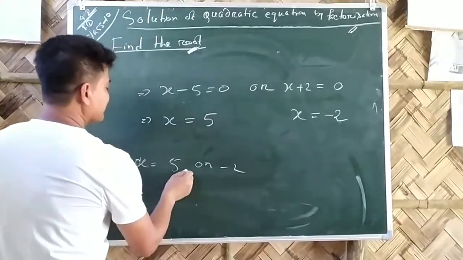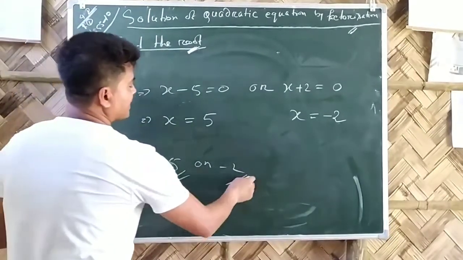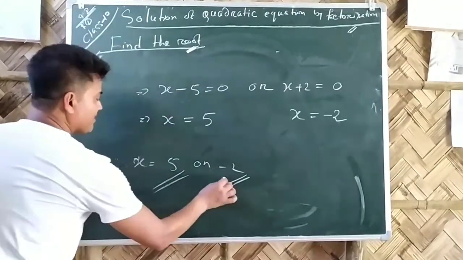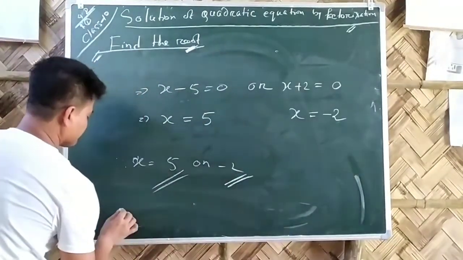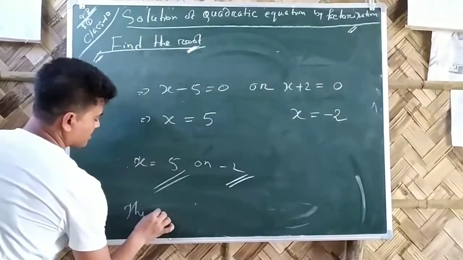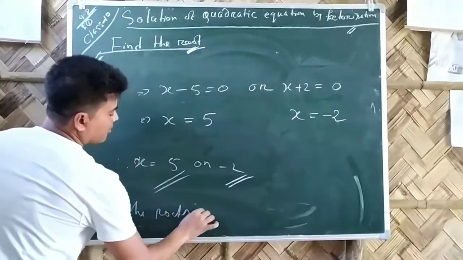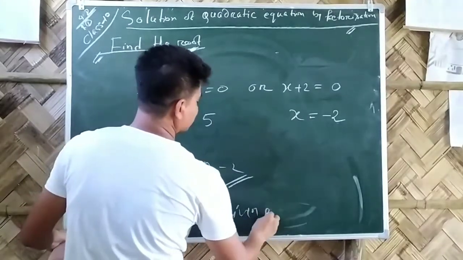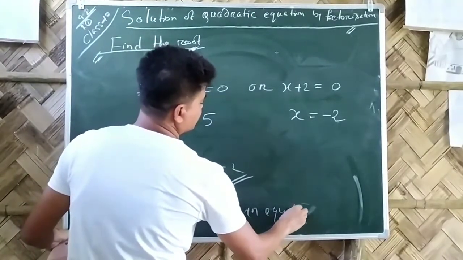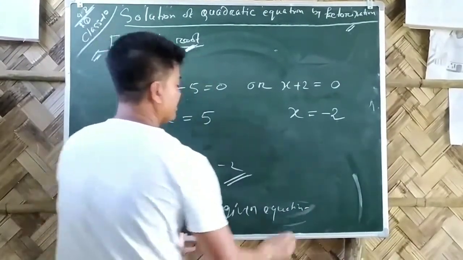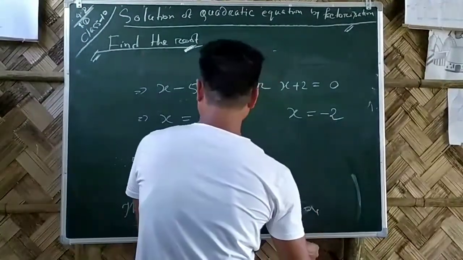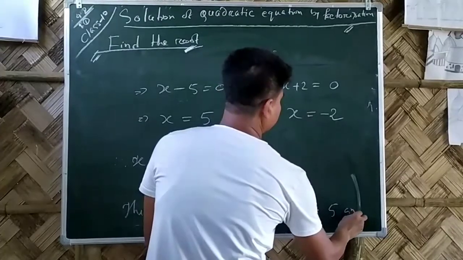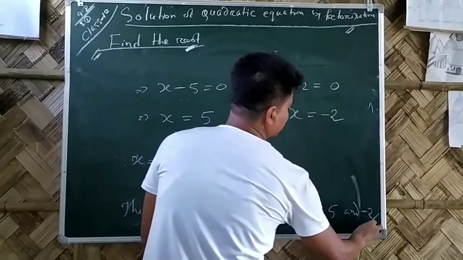That means 5 and minus 2 are the roots of the given equation, and this is the answer.